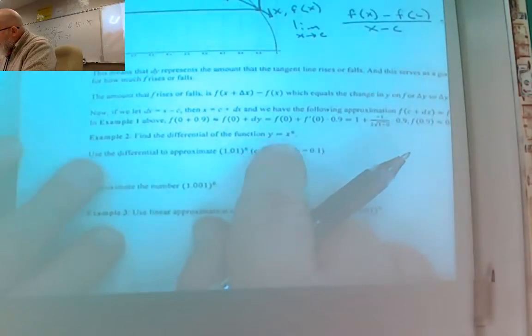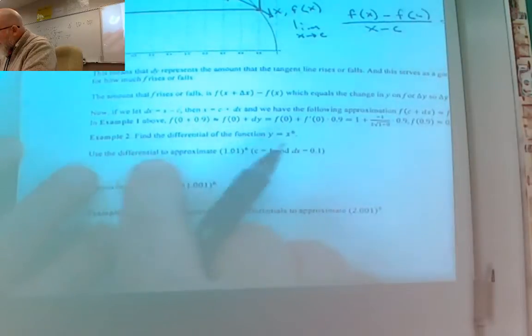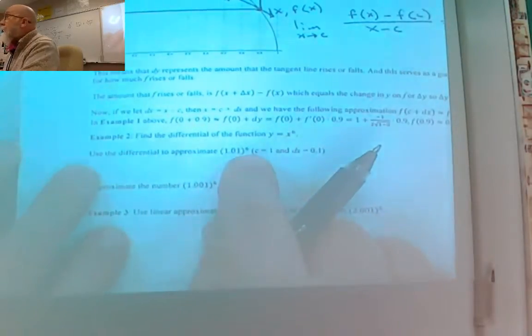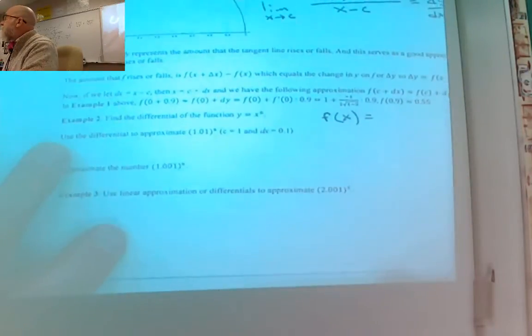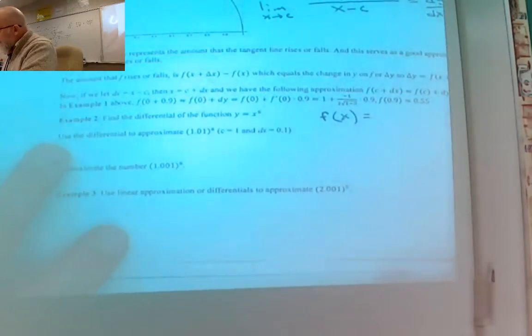I tell you, it says use a differential to determine this. What I'm going to use is the equation of a tangent line. All right? So first of all, what's f of x in this problem? And we'll go to Jeremiah.